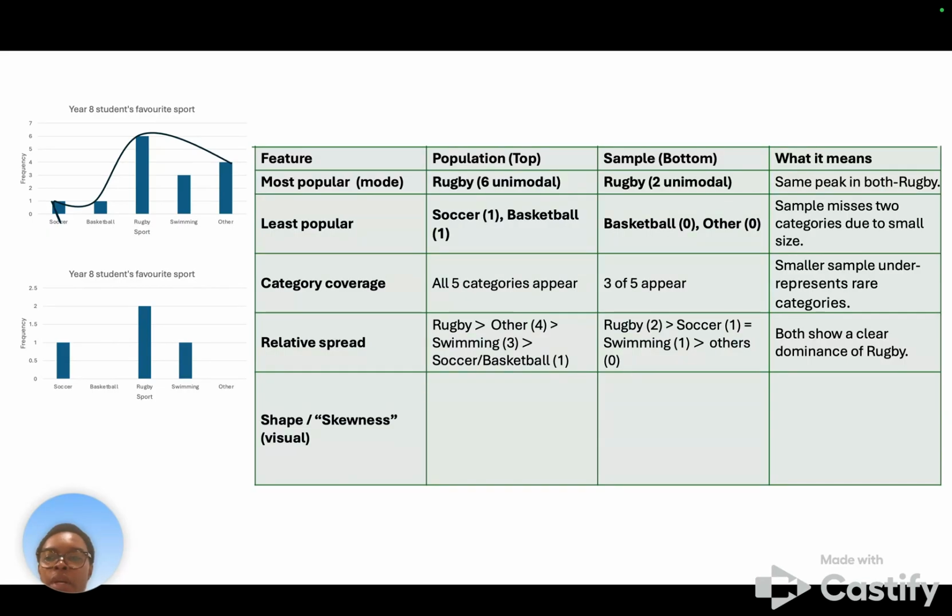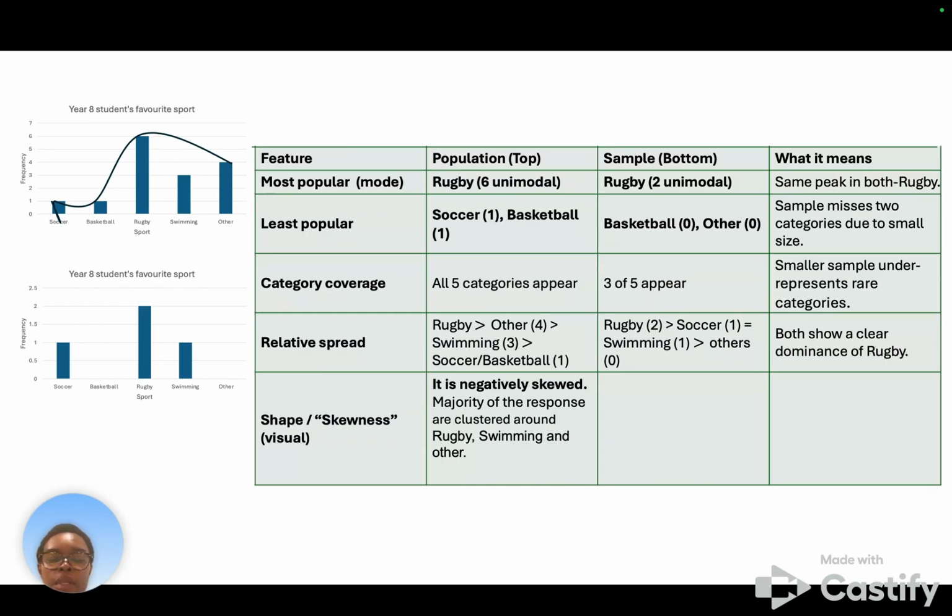So now that we have the line there, you can see that the highest frequencies are on the left hand side and the tail is where the lowest frequency is. So the lowest frequency is on the right. And because of that, we say the population graph is negatively skewed. Okay, it's negatively skewed.